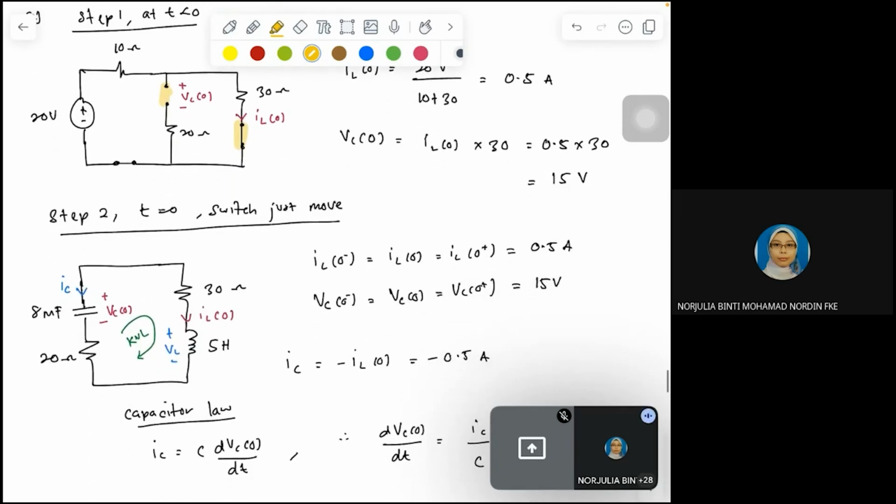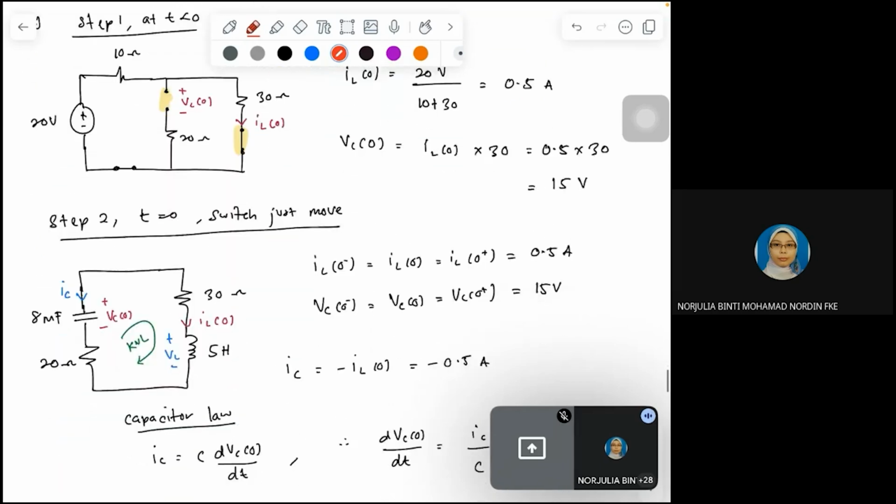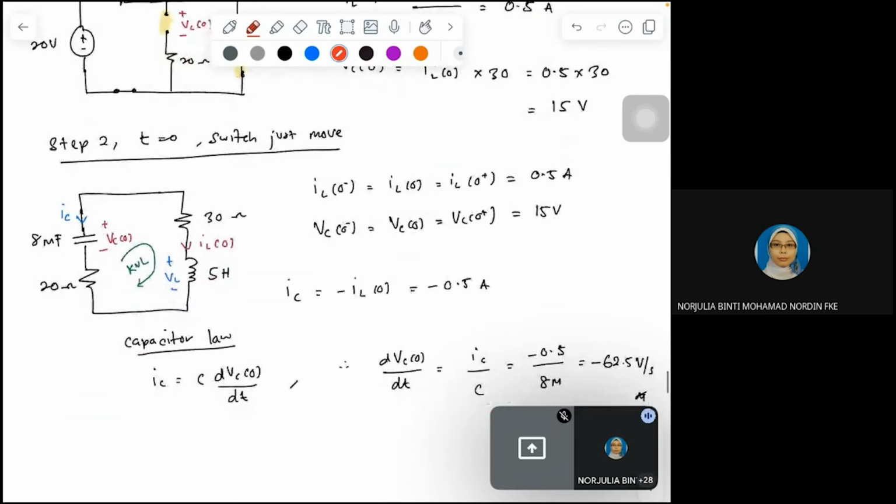All right. Next one. At this stage, we need to move to step two, because the question requires you to find the initial value of your derivative elements. That particular value can only be determined under step two.